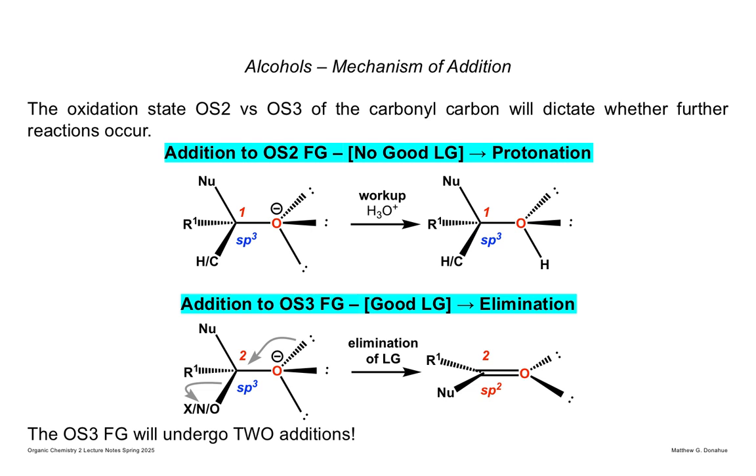So how does it change based on oxidation state? So this is a key part of that question about 3 to 2 to 1. So with 2 to 1, it's just an addition and then protonation.